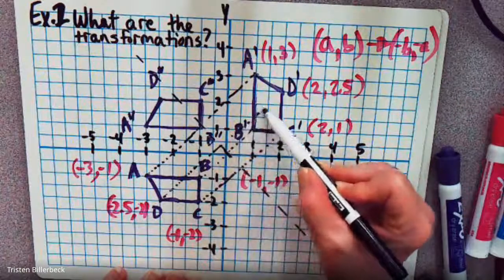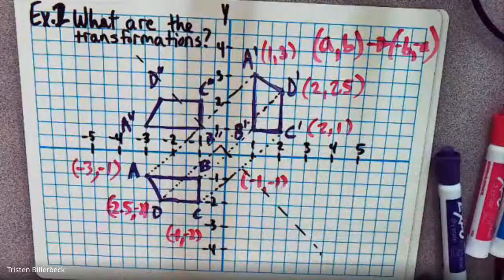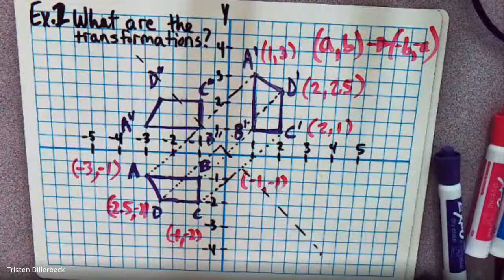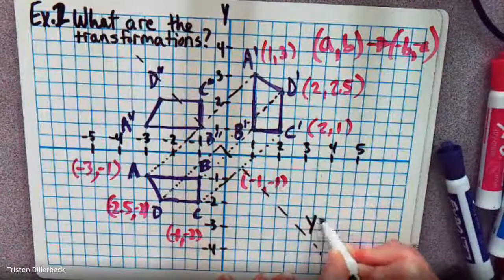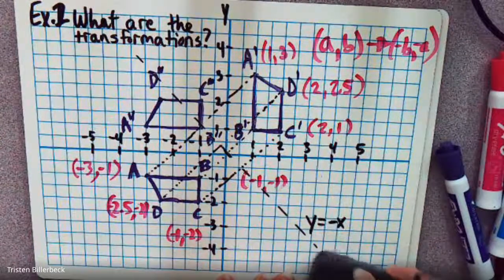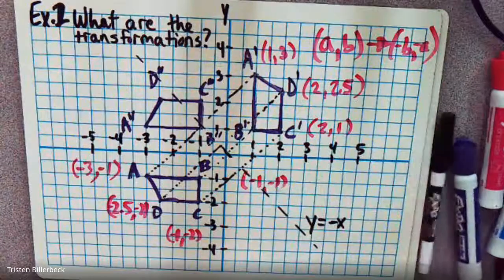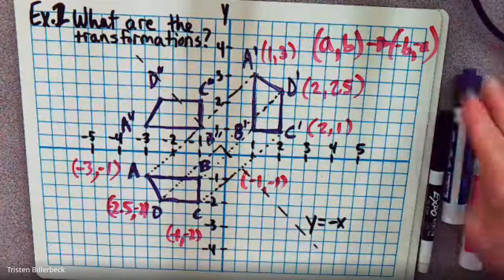What does that look like to you? That is a reflection around the line y equals negative x. And why would you know that? Well, I think they were torturing you again with hard stuff from Singapore math.